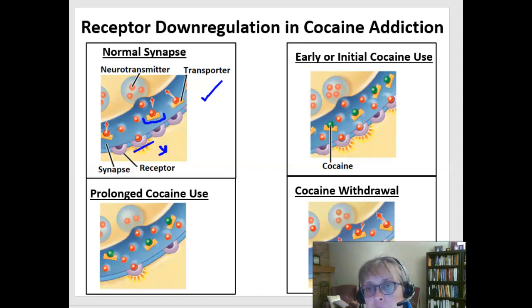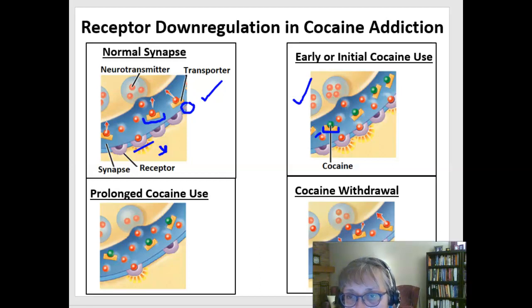Now let's go over to this second box. Let's say that somebody uses cocaine early in their use. You still have 6 molecules of neurotransmitter, and this is showing maybe 5 instead of 4, but on the previous picture there was another one stuck over there. Nonetheless, cocaine binds to the transporter.